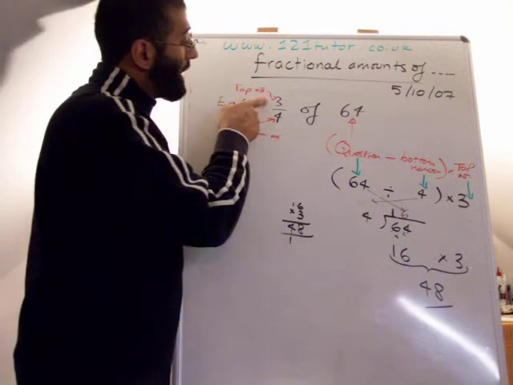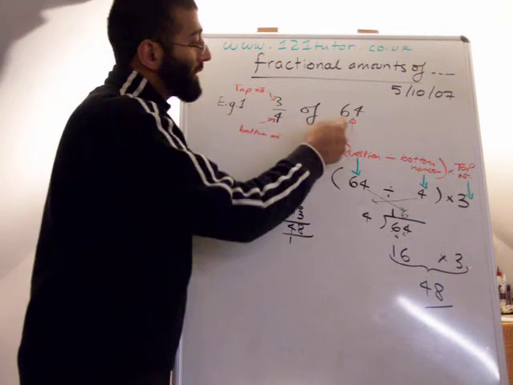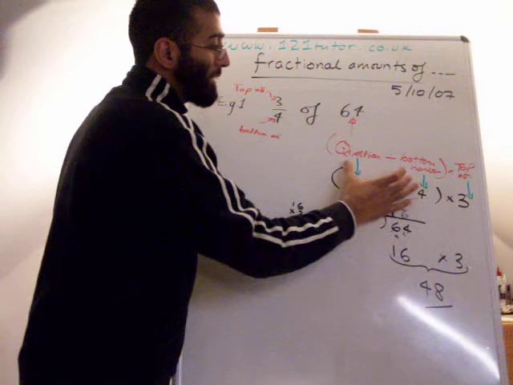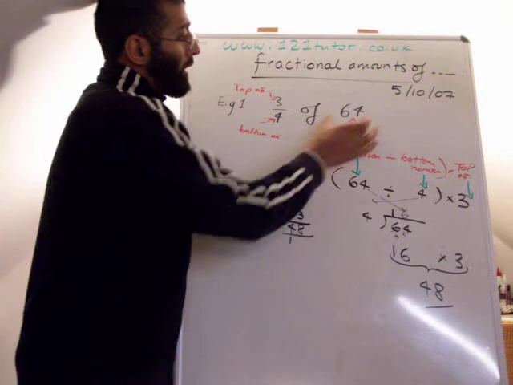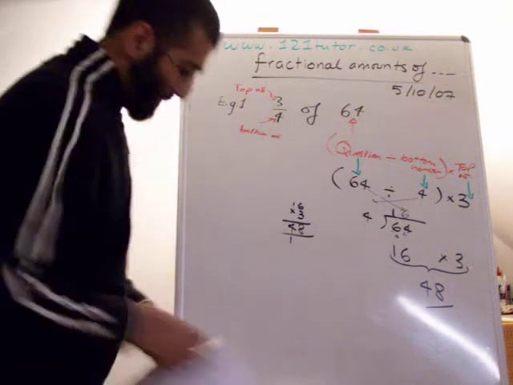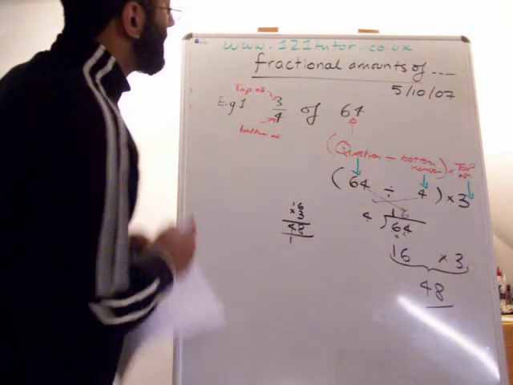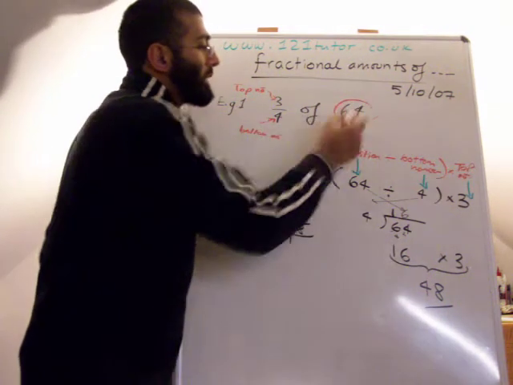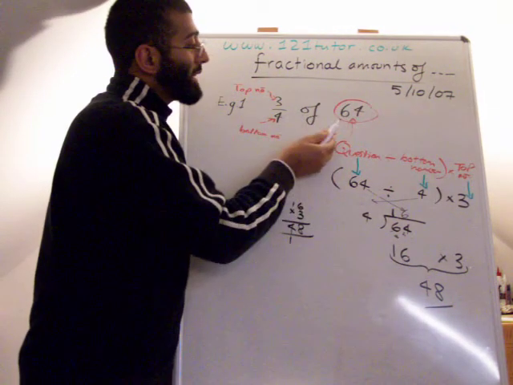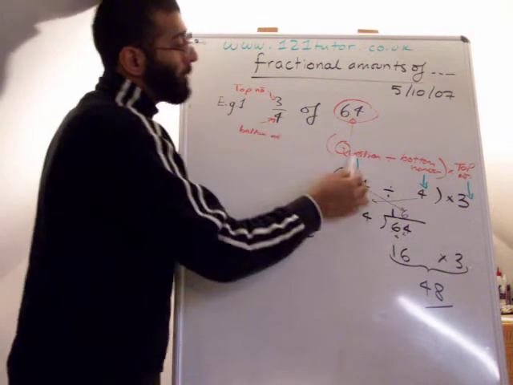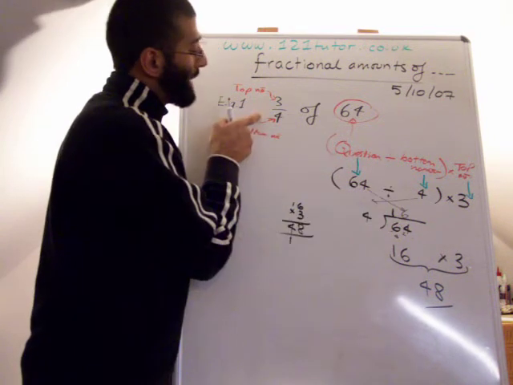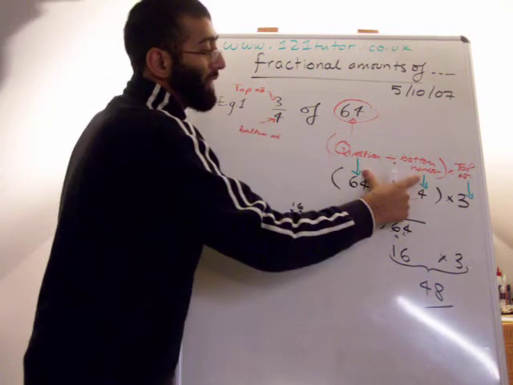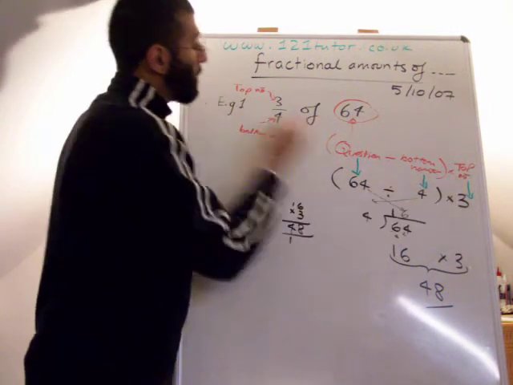Okay, so let's run through this question once again from the beginning to the end, each step. So we had 3 quarters of 64. This here is the method in red. This is the question number. I'll put a circle around it now. We get the question, we divide it by the bottom number. The bottom number is here, 4. And then the result of that, we multiply by the top number, which is 3.